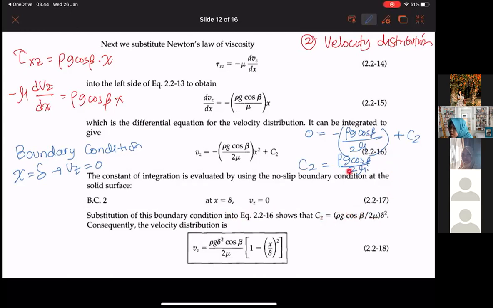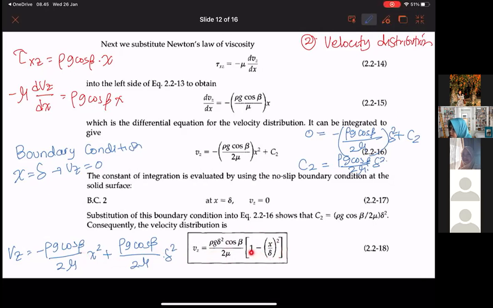Okay, so the equation rearranged, we actually should have Vz equal to, in this case, minus rho g cos beta divided by 2 mu times x squared plus rho g cos beta divided by 2 mu times delta squared. That one is rearranged into this part.